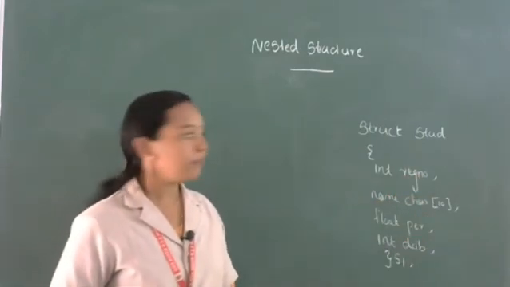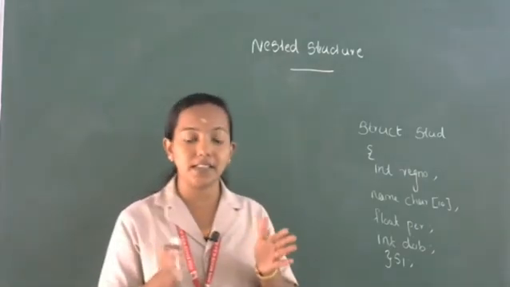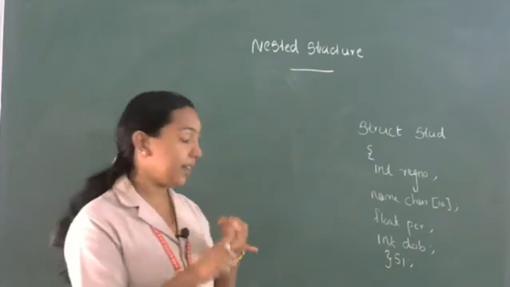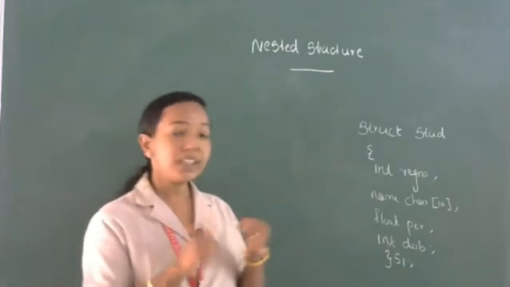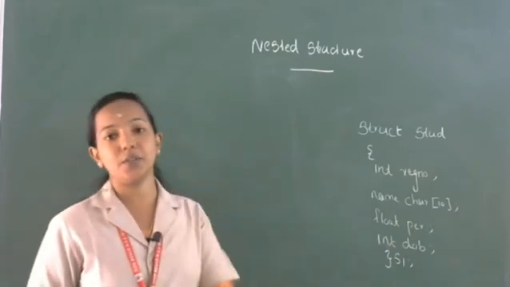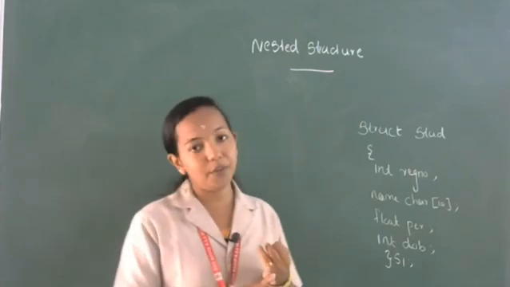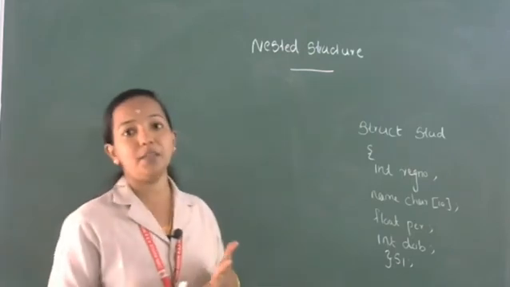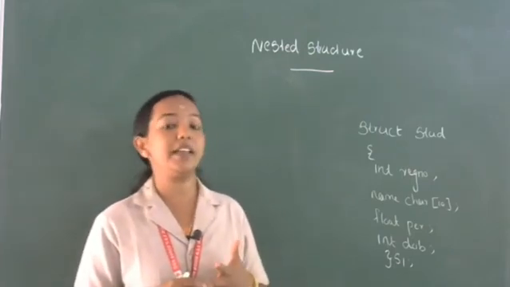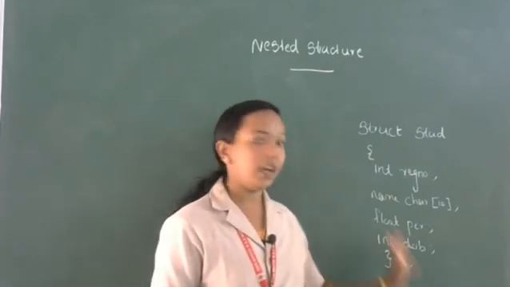Date of birth of a student consists of the day number, month and also year. That means three different data items you want to represent: one variable for date, a second for month, and a third for year. So we can't use an integer for date of birth.